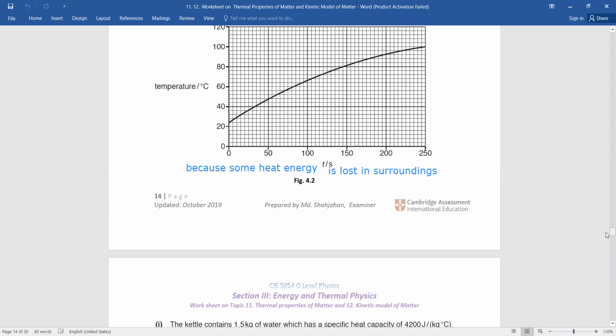And if the temperature of the hot body is 80 degrees, how much is it?